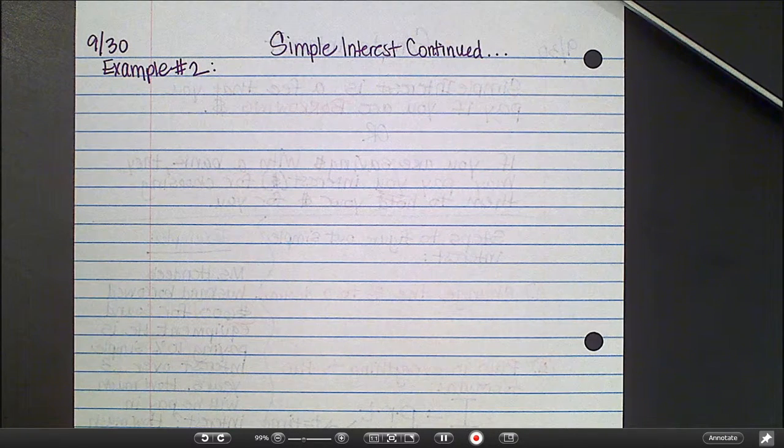You're going to be filling in each box, writing down what the interest is, the rate, the principal, the time, all of that, and then calculating the interest using the formula, and then adding the interest to your principal to find out how much you're going to be paying or earning in total.